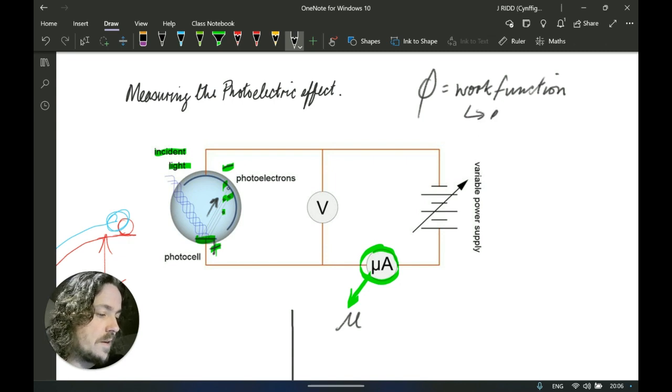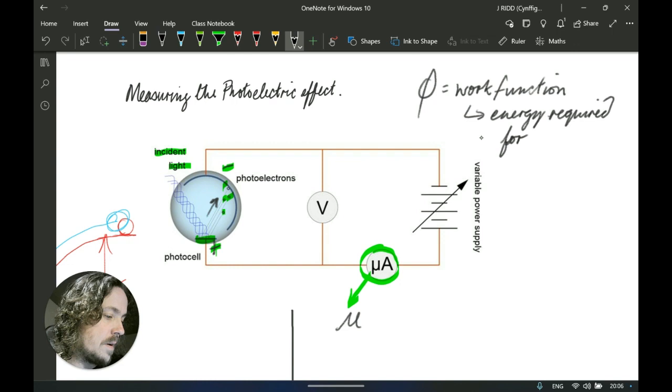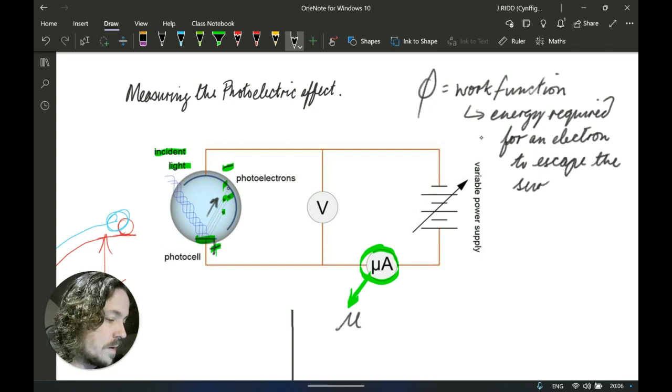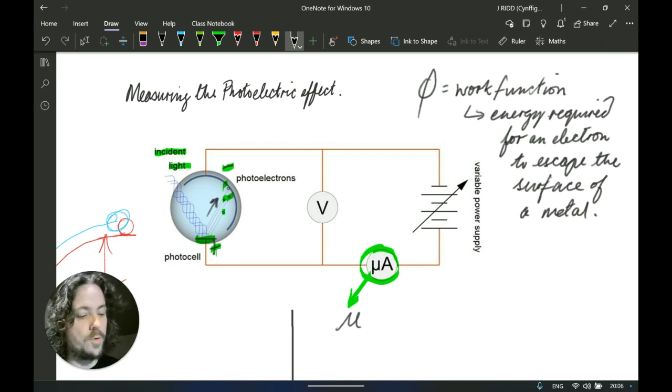It is the energy required for an electron to escape the surface of a metal, the work function.